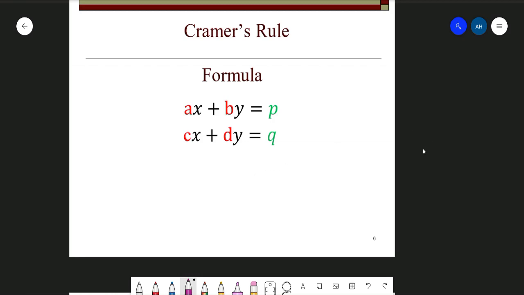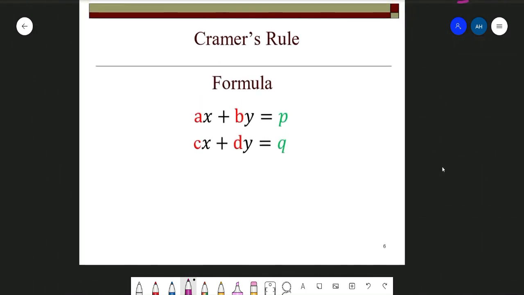If we use Cramer's rule, we have to use this formula. It is a very important formula. To find x, x will be equal to the determinant of Ax divided by the determinant of matrix A. Again, I repeat, the value for x, our first variable, is equal to the determinant of matrix Ax divided by the determinant of matrix A. I'm going to explain in a short while what we mean by matrix Ax.